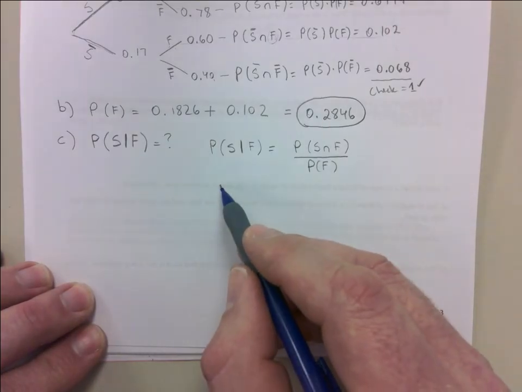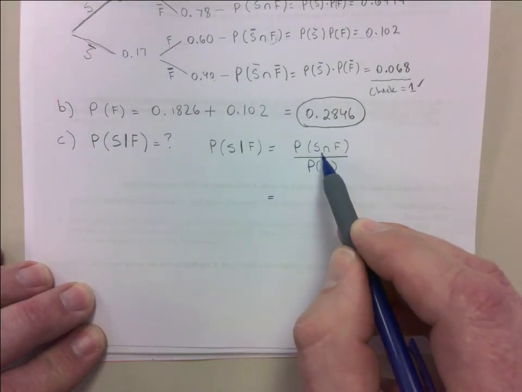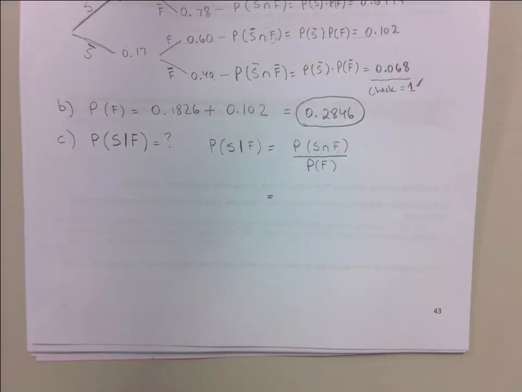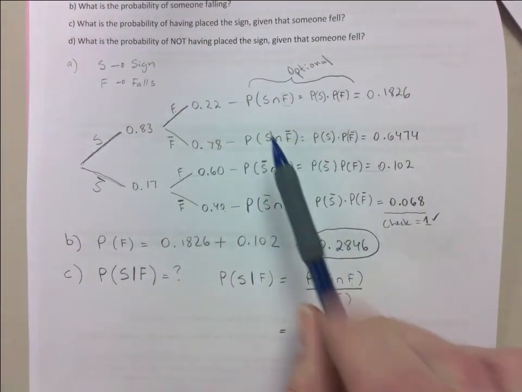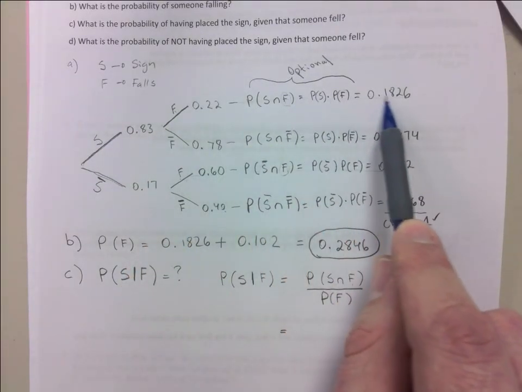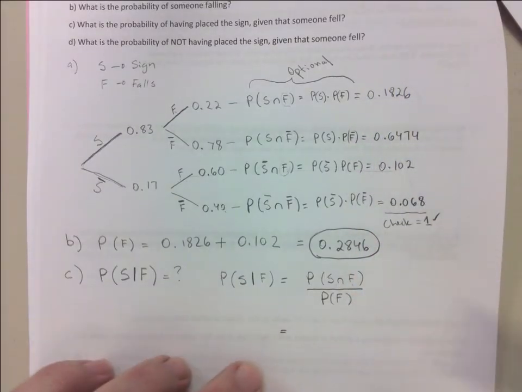Okay, so let's figure this out. What's the probability of the sign being up and someone falling? What is that specifically? Look up here. Sign up and falling is this one right here. It's that answer right there, 0.1826.